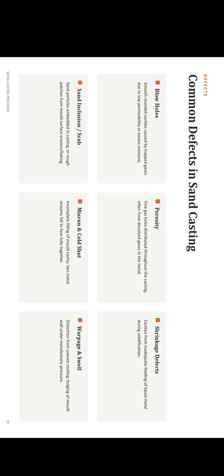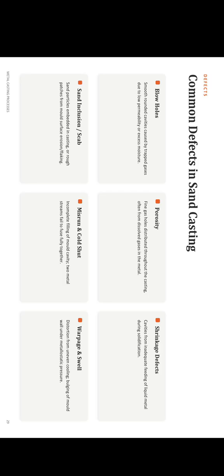Common defects in sand casting include blowholes, porosity, shrinkage defects, sand inclusion, cold shut, warpage, and swell. Blowholes: smooth rounded cavities caused by trapped gas due to low permeability or excess moisture. Porosity: fine gas pores distributed throughout the casting, often from dissolved gases in the metal.